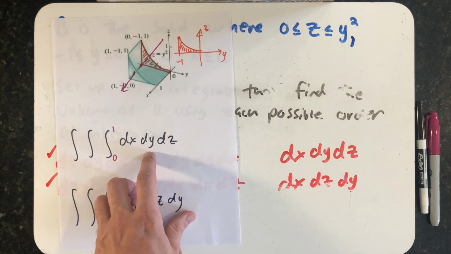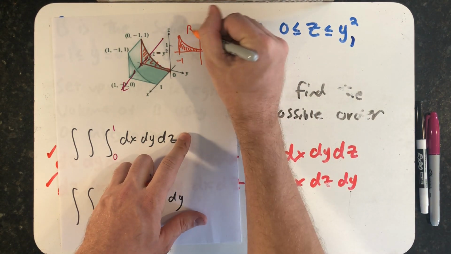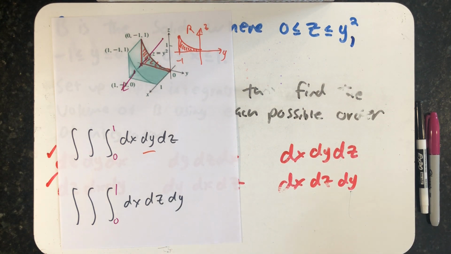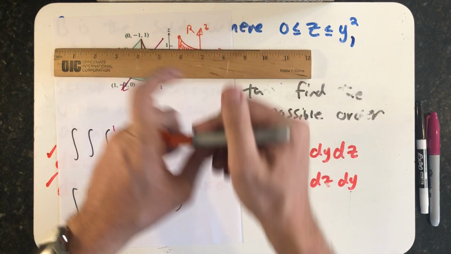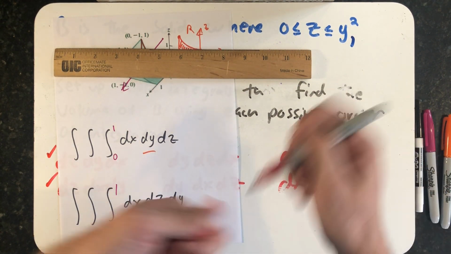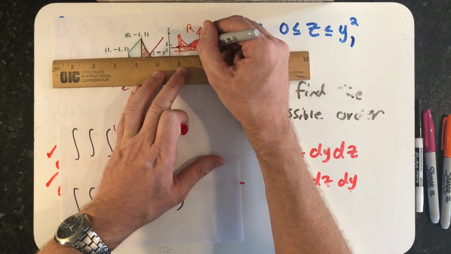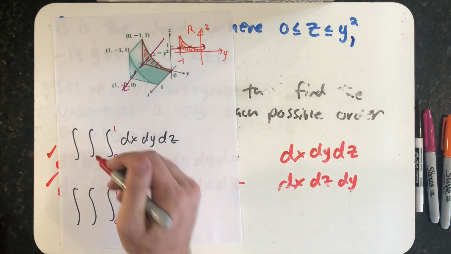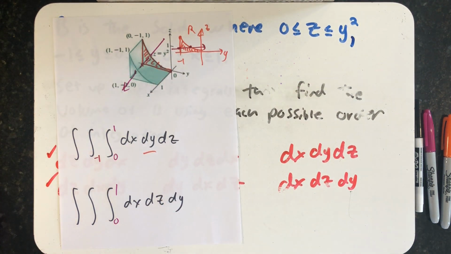I first need to think about this region, which is the region R. And this says first with respect to y, so I'm going to draw a ray through that region in increasing order of y. And if I do that, I enter at the line y equals -1, and I exit at that parabola.